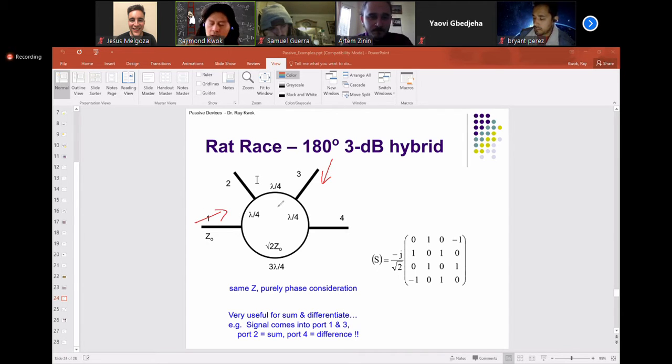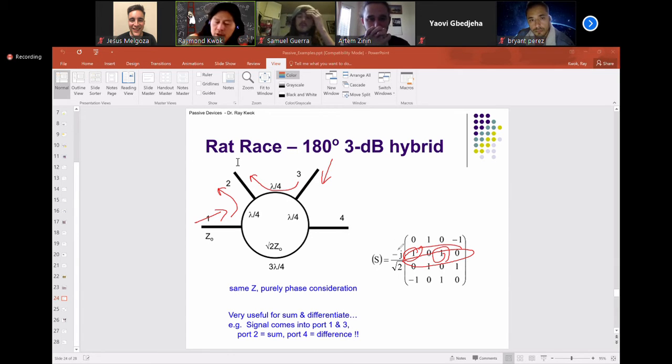So when I do the combinations, when I go into here, they add up. At port 2, the signal coming from 1 and the signal coming from 3 are adding, right? So basically, I'm just summing up power from 1 and 3.